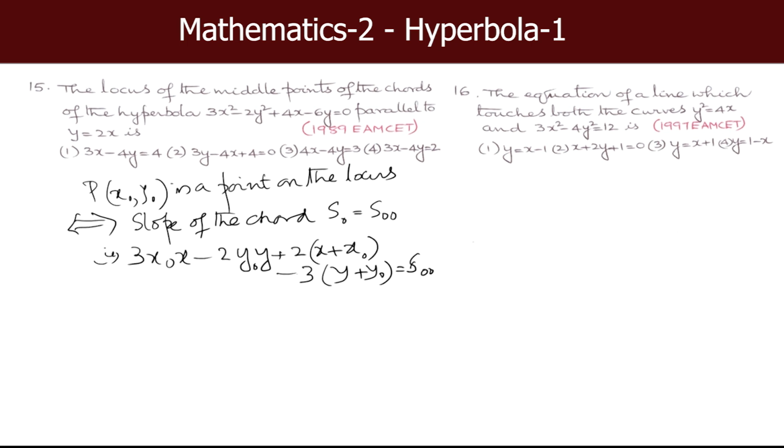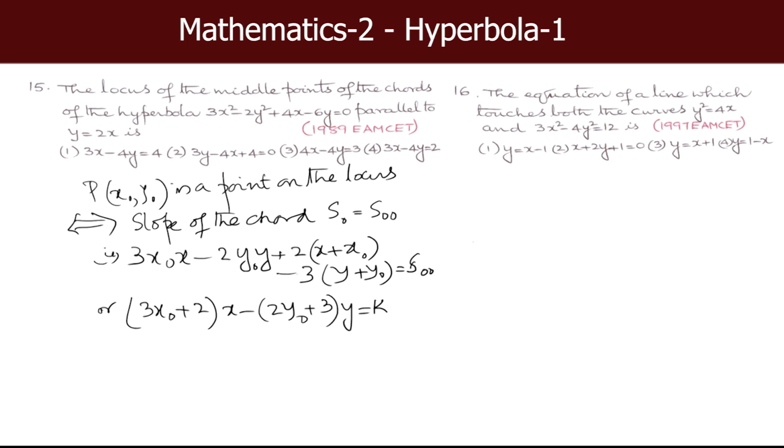So (3x0 + 2) x − (2y0 + 3) y is equal to some constant k.